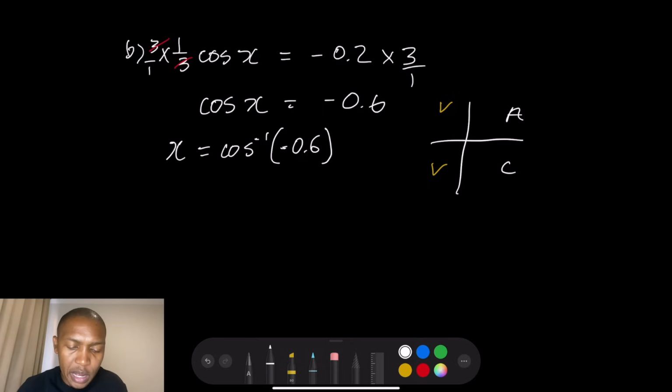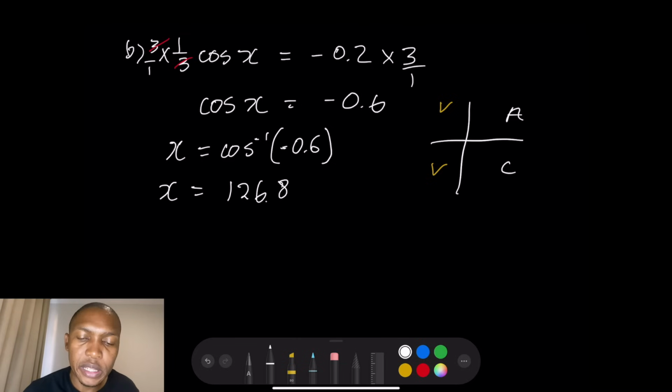So arc cos of negative 0.6, and I find my answer to be 126.87. All right, so remember we said that's correct to 2 decimal places. So that's our reference angle.